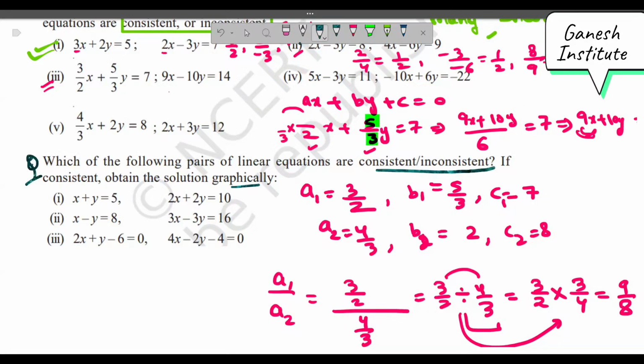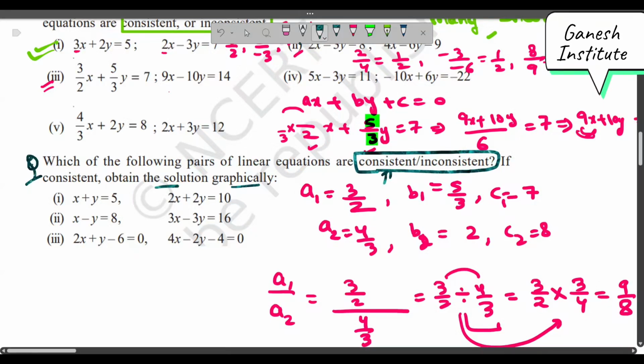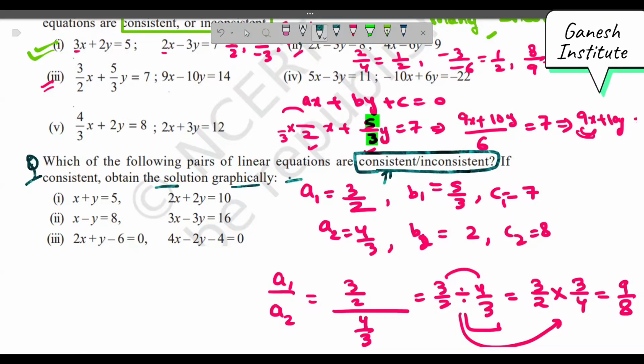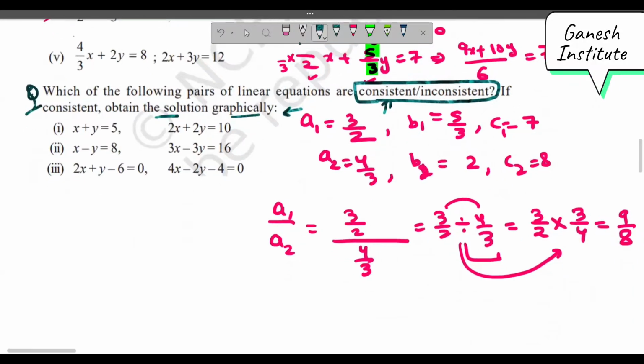So this is pretty clear: you have to find out whether the set of equations has solutions or not. If it has solutions, it is consistent, and if not, it is inconsistent. But it is asking me, if they are consistent, to find the solution, not by elimination, not by substitution, but graphically. So how would we do that?